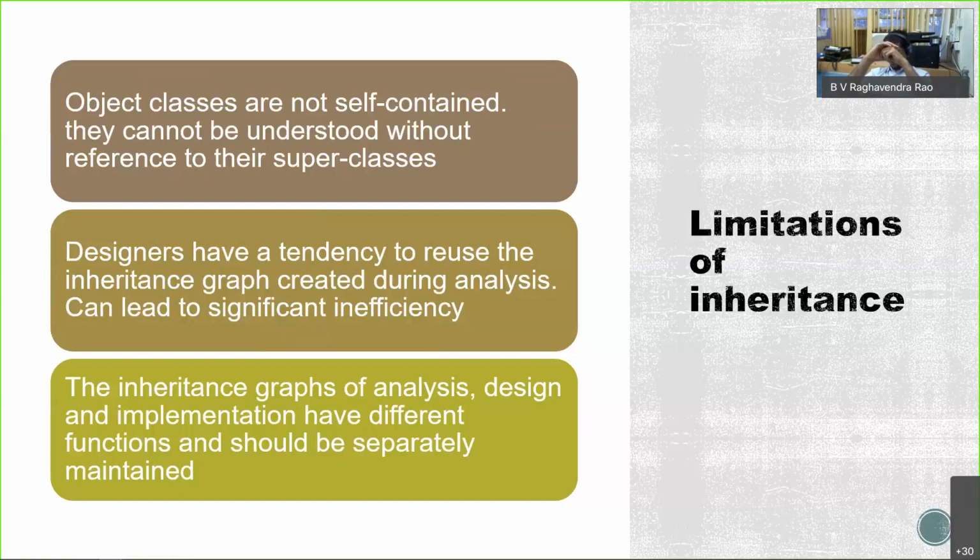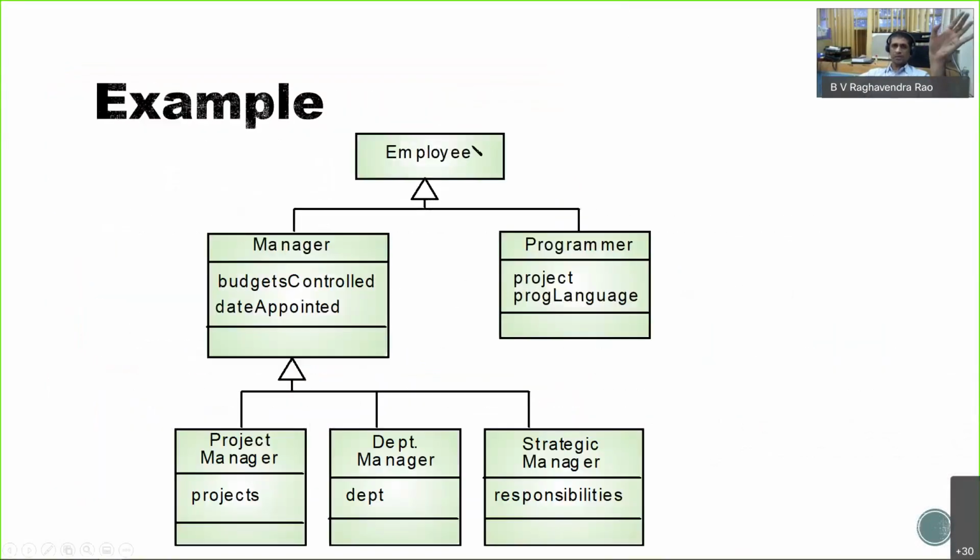Generalization is, in sequence, the opposite of inheritance. You're right. Here, employee is the most general, and these are the specific ones. Thank you for the question. Any other questions? So here employee is a generalization of manager, and manager is a derived class of employee. That's a good point, Madhav.